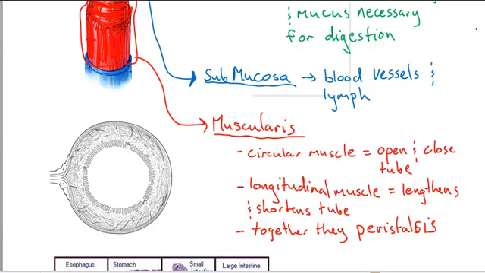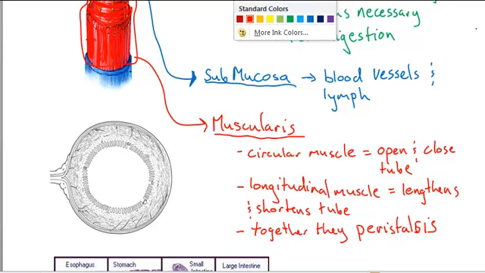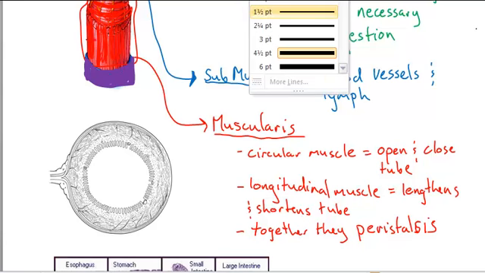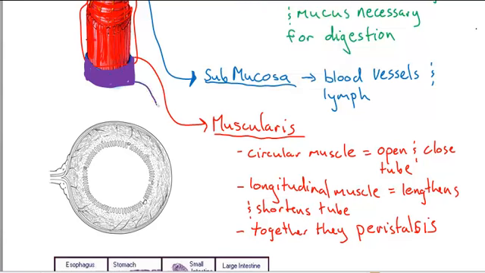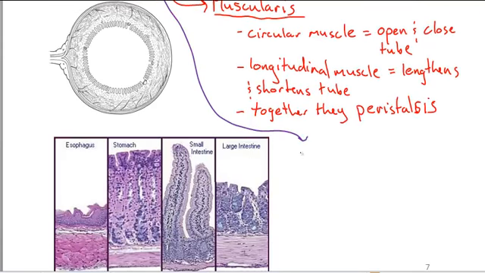And then the last layer, we'll color it purple, the outermost layer. We're running out of room, but we'll be able to fit it in. Down here. It's called the serosa.